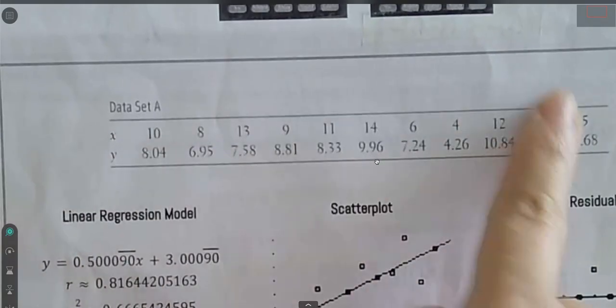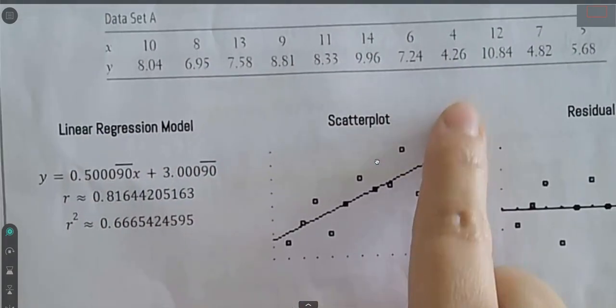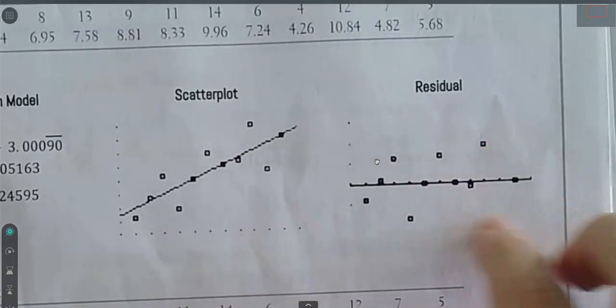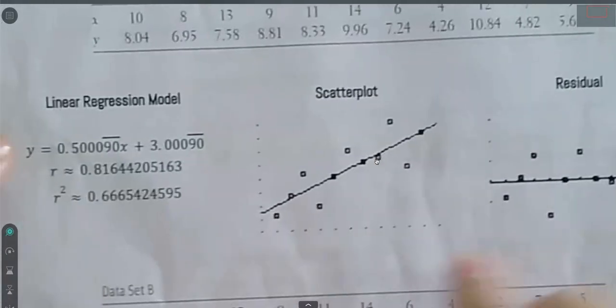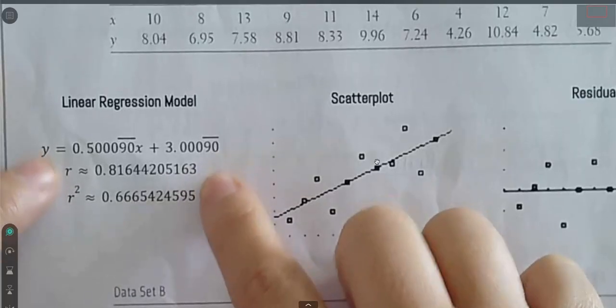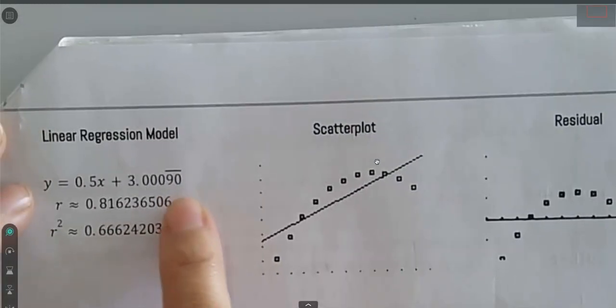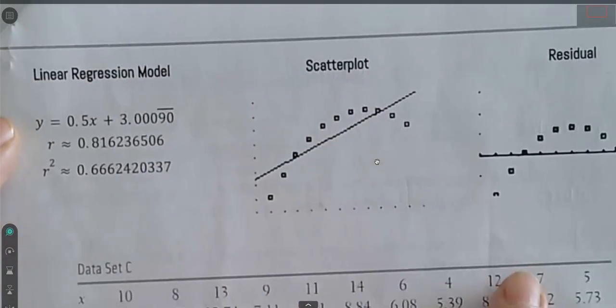If you were to put this data set into your calculator, you would get this scatter plot, this linear regression model, and this residual. Notice that the R and R squared are exactly the same as all the rest.